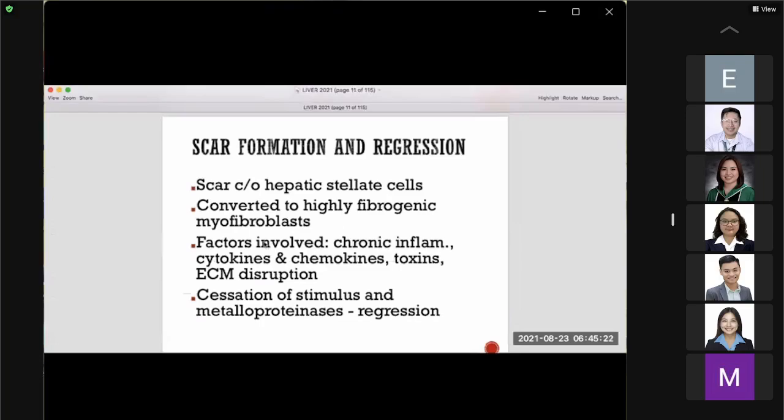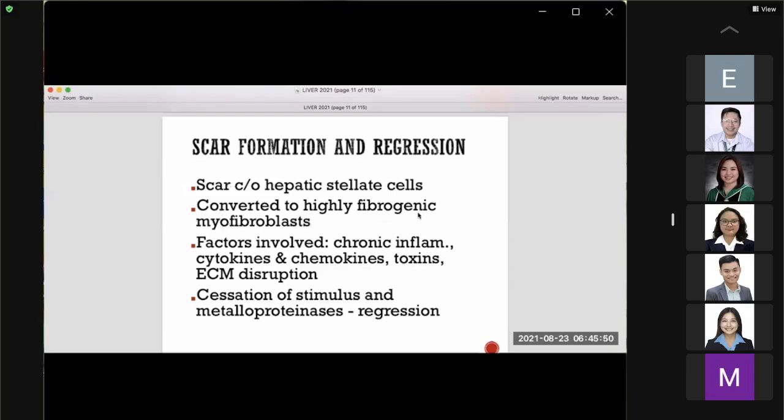Scar formation and regression. So this also occurs in the liver. If an injury happens in the liver, then there is a possibility that a scar can be formed, and this is the responsibility of the hepatic stellate cells. They're the ones that are responsible for the formation of the scar.